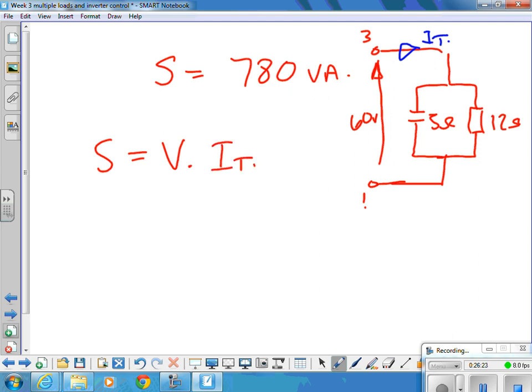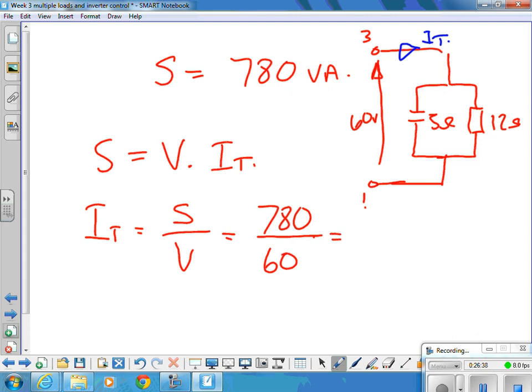Yep, the line current. IT must be S over V, which is 780 VA over the 60 volts equals 13 amps.